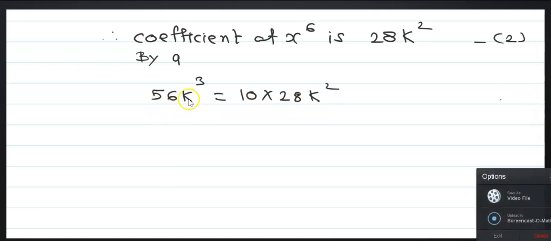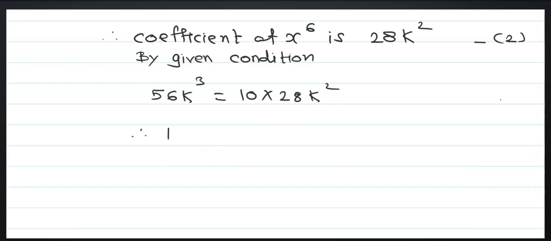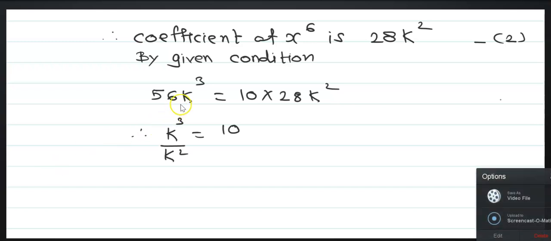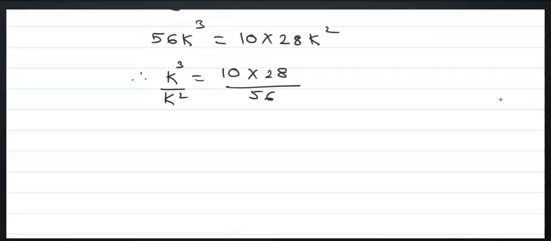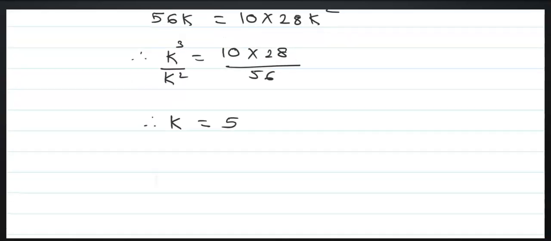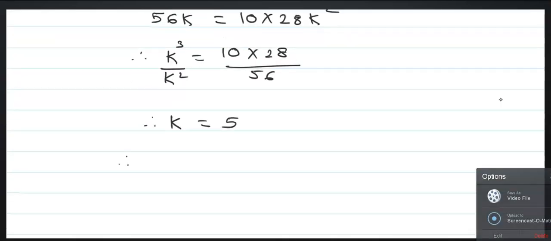Therefore, 56k cube is equal to 10 into 28k square by the given condition. And simplify this now. That is, k cube upon k square is equal to 10 into 28 upon 56. That is, k is equal to 5. The value of k is 5.